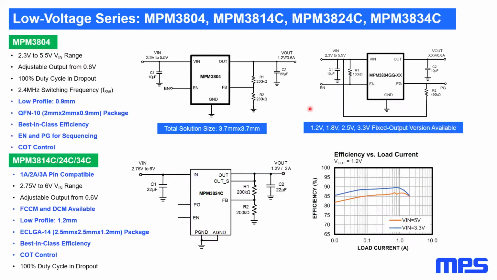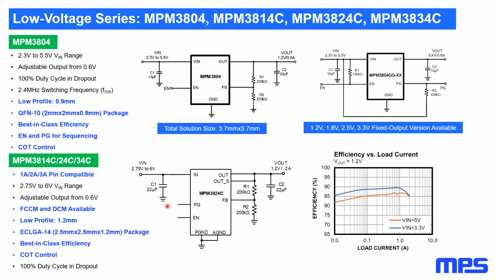An example of this that's implemented in our products is in the MPM3804, 1424, and 34. These are our low current modules designed for some lower current power rails in FPGAs. And these come in very small packages. For example, our MPM3834 is a 3 amp power module in just a 2.5 by 2.5 package.